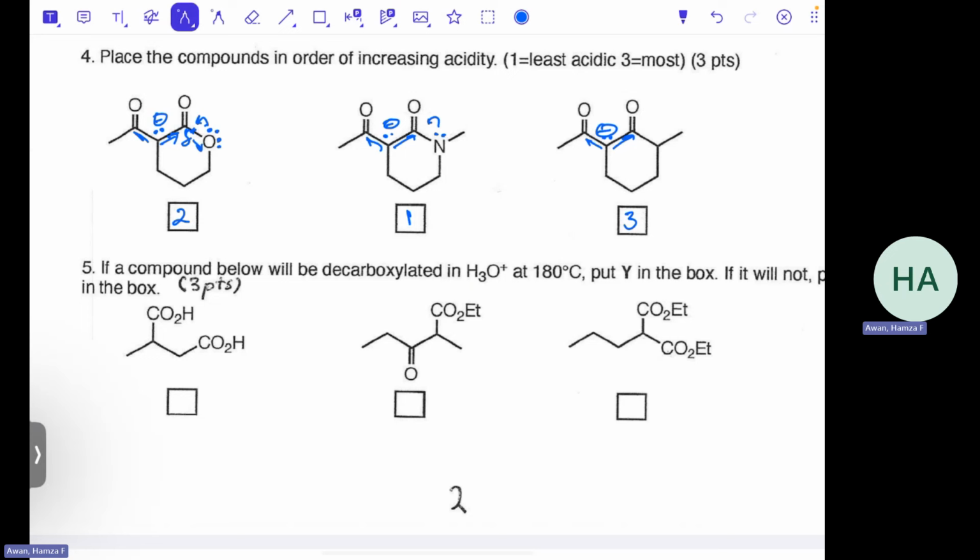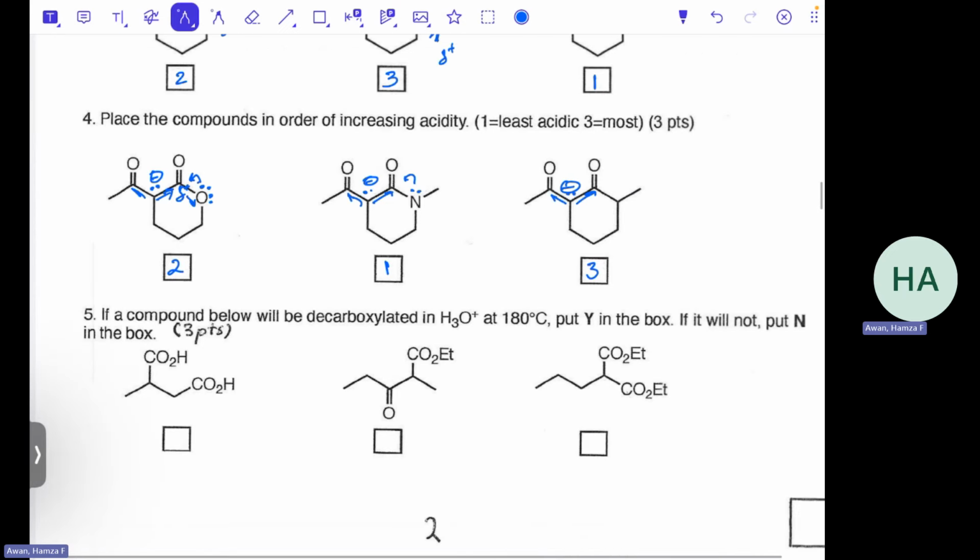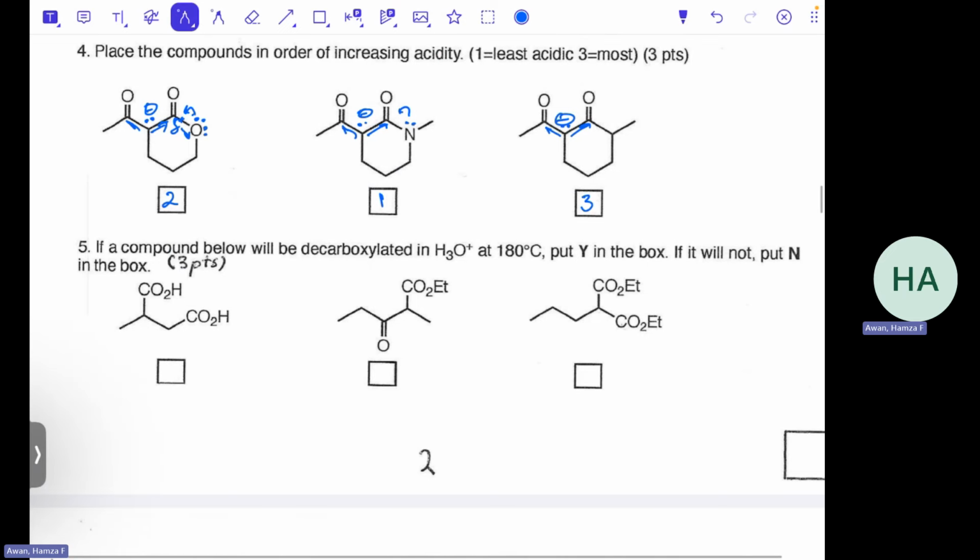All right. For the last one, it's asking if the compound would be decarboxylated in H3O plus at 180 degrees Celsius. Whenever we have decarboxylation in H3O plus at 180 degrees Celsius, we need a beta keto ester, or a beta keto acid.